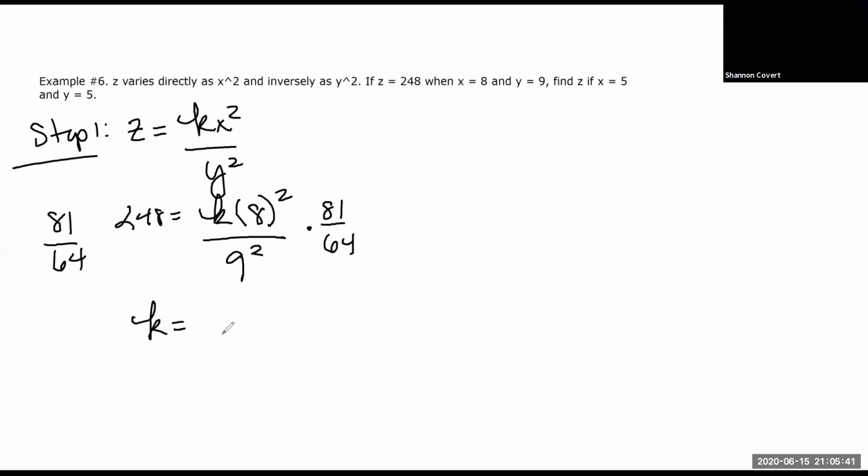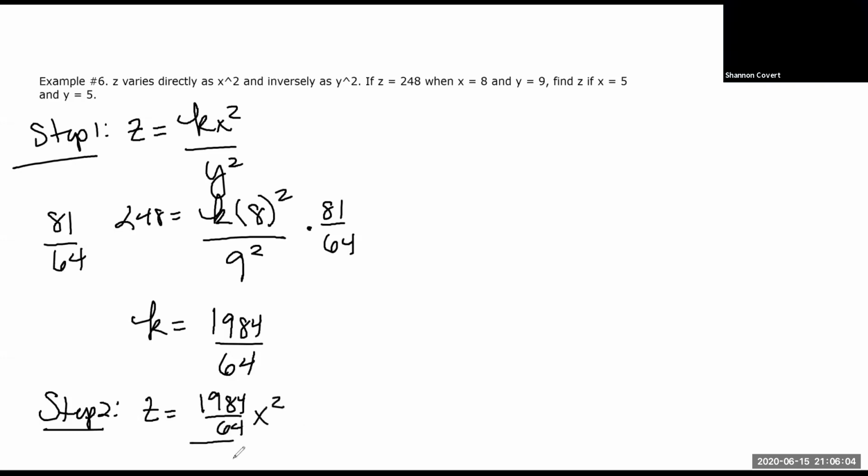K equals 1,984 over 64. I'm sure I could reduce that, but I'm not going to take the time because I have a calculator. Step 2, rewrite the formula. Z equals 1,984 over 64 x squared over y squared.